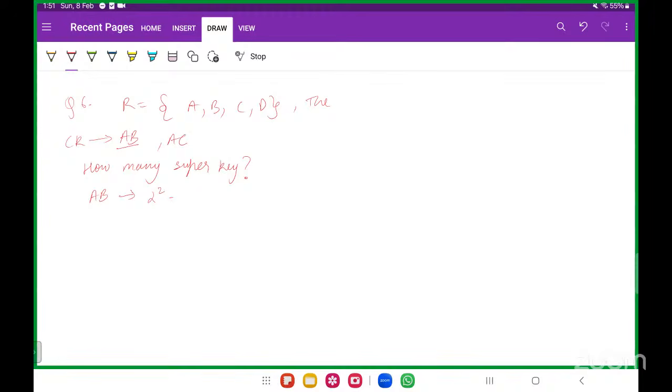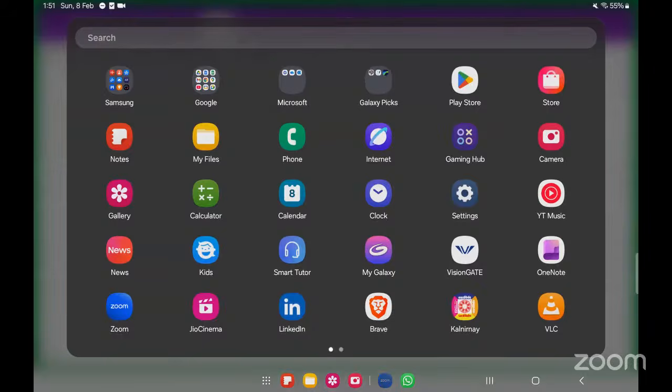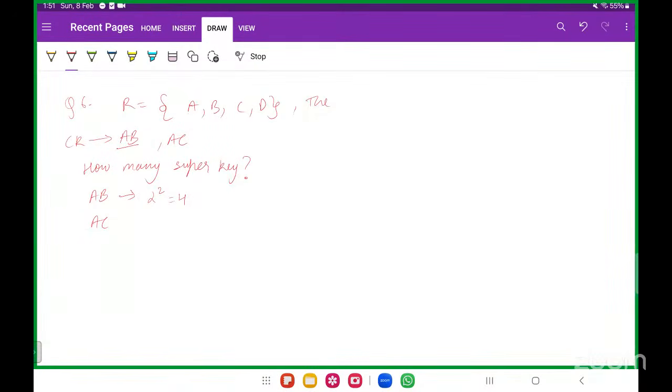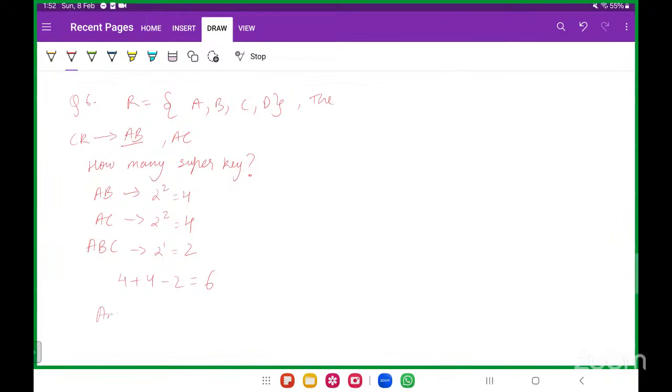Once you take AC as a candidate key, then again 2 raised to 2, that is 4. Here a few of them are repeated: those super keys where A, B, C all of them are part. So that is 2 raised to 1, 2. So the correct answer is 4 plus 4 minus 2. So the answer goes to 6. There are 6 super keys possible.